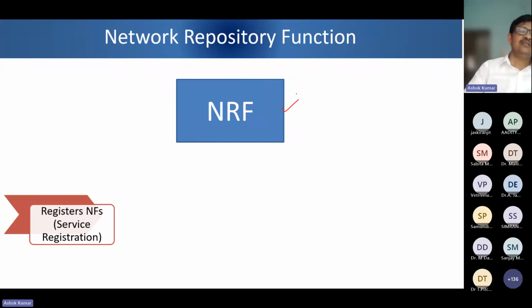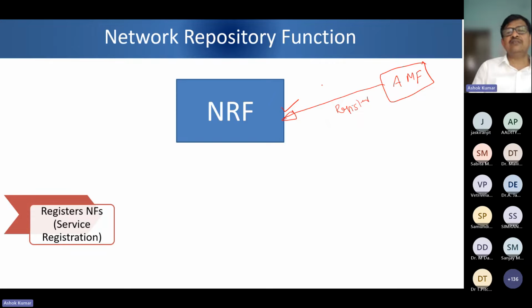So basically, whenever any new network function is created, it has to register into NRF. Suppose I create a new AMF. The first thing this new AMF will do is connect to NRF and register itself.